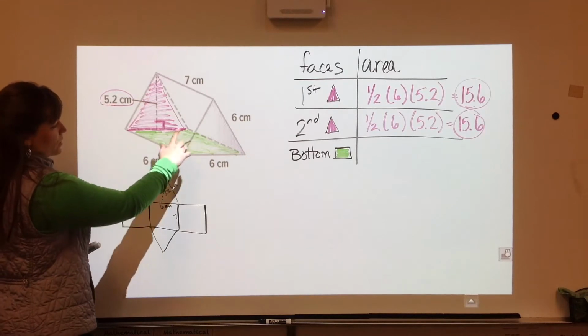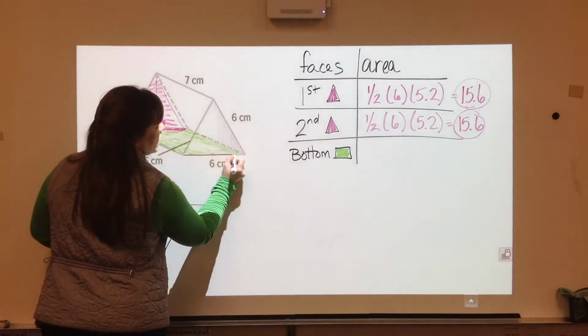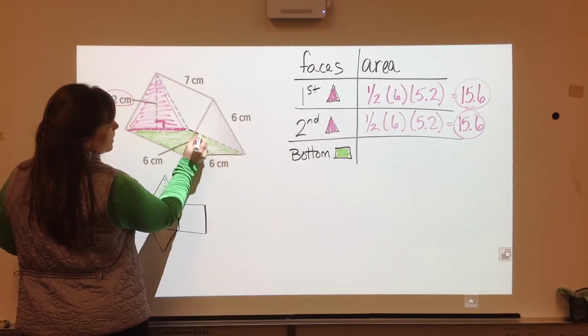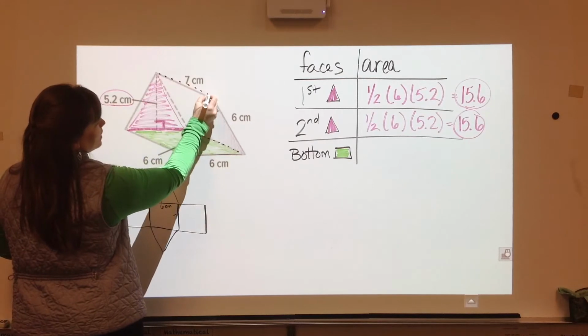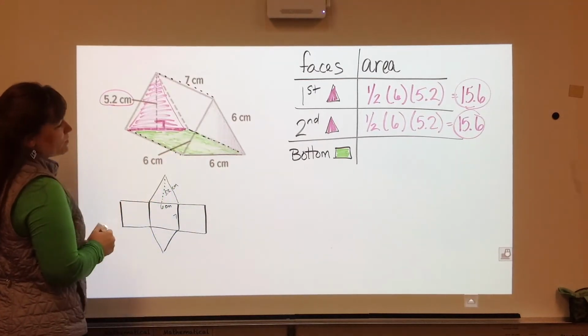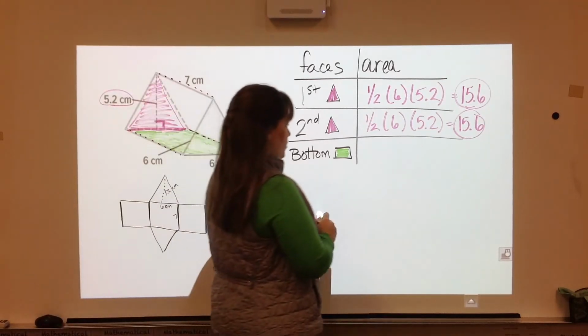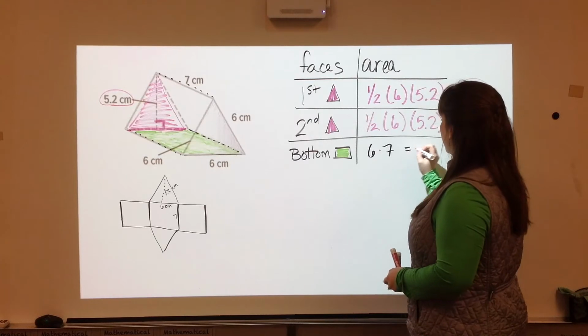And this rectangle is 6. I like this part. 6 is one side of this rectangle on the bottom, and this line and this line, which is the same as this line, is going to be 7. So all of these dotted lines are the same length. So my dimensions are going to be 6 times 7, which is 42.